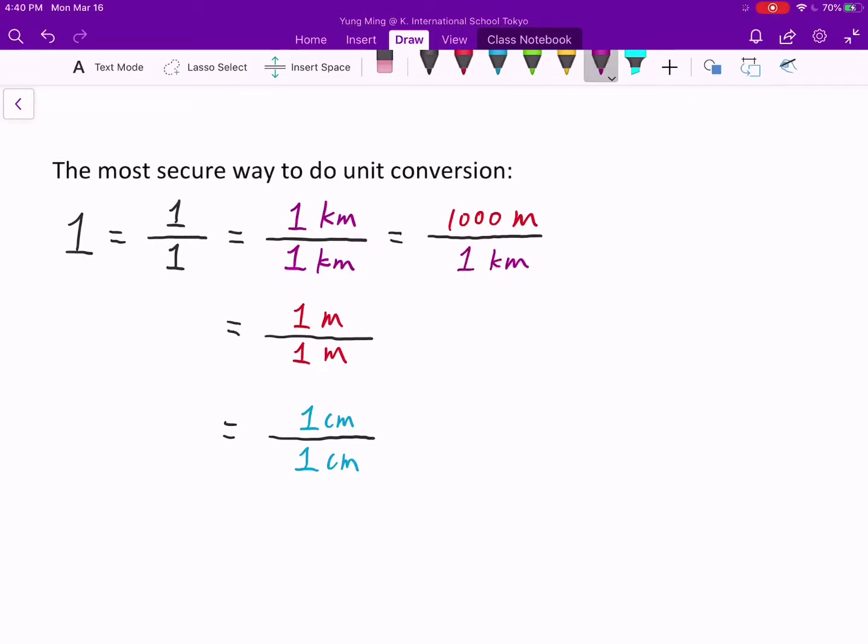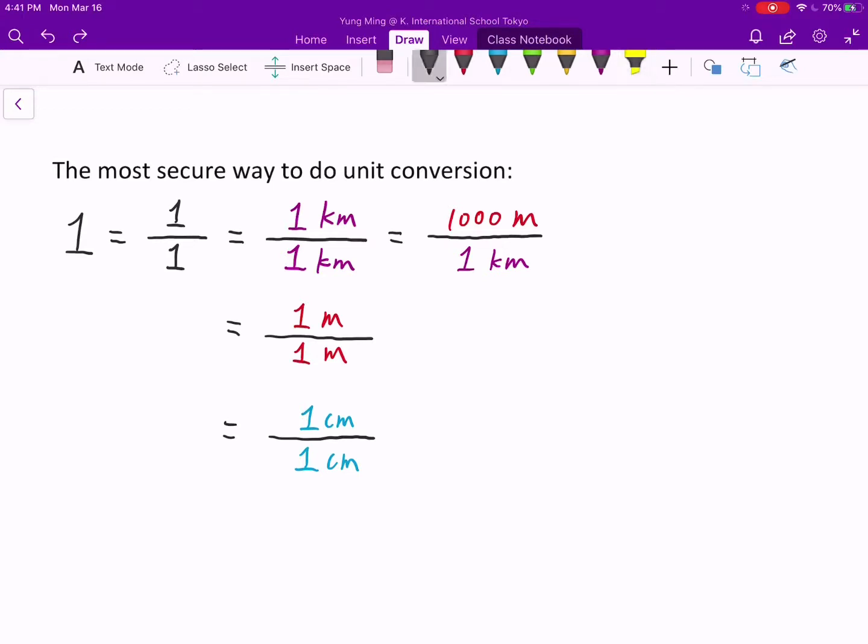Right, you probably think this is ridiculous. Does that mean that 1 is equal to 1,000 over 1? Of course not, because we're having a different unit over here. You cannot just ignore these units. You can't just cancel them out like that, right? So that's exactly what we're talking about today. 1,000 meters over 1 kilometer is actually equal to 1 over 1, which is equal to 1. So basically, in the future, if you multiply by this, that's basically the same as doing nothing.